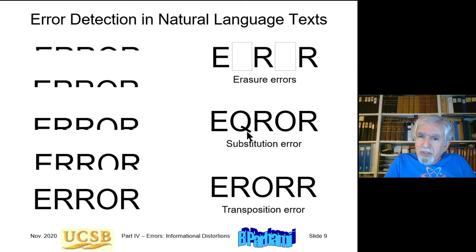This is a substitution error where that R has been replaced by Q. Still, you probably can understand that this was meant to be error. So you basically detect, in this case actually correct, that substitution error. And then this is transposition error, where this R and O have switched places. Now, transposition errors are quite common in manual data entry.